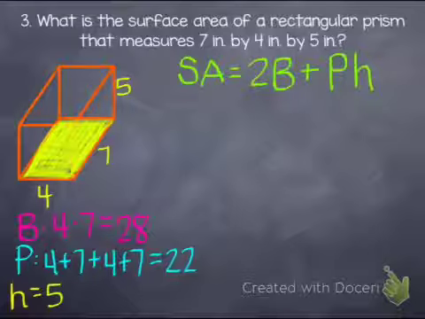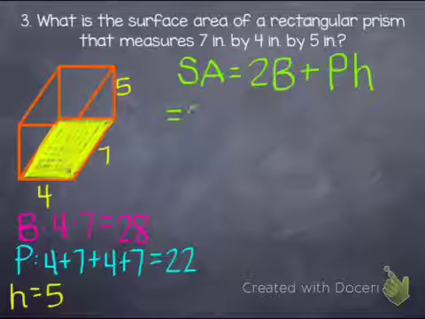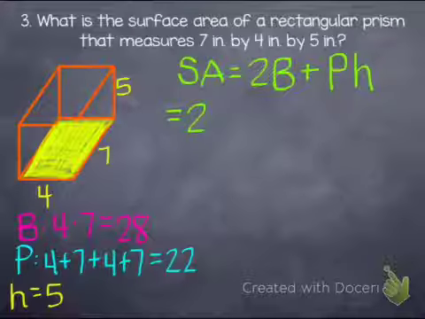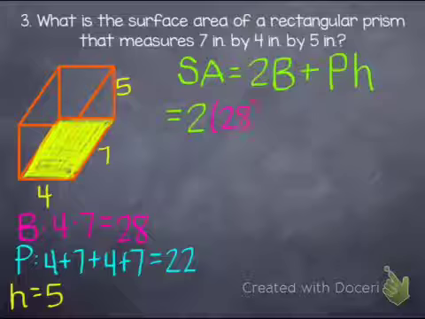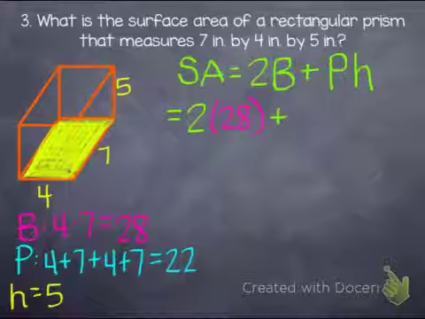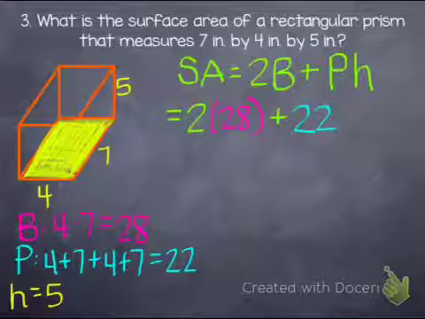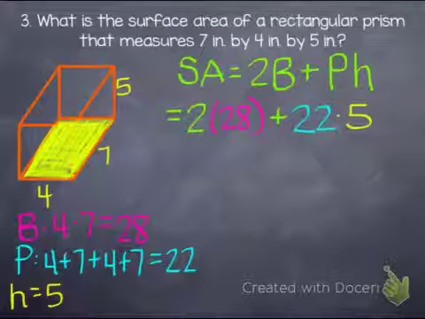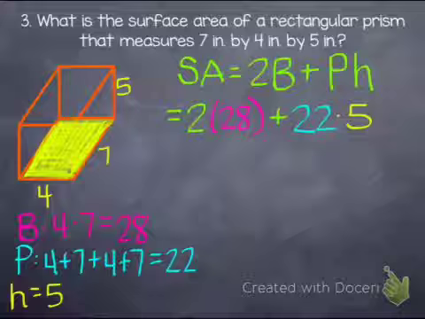So now we're going to plug and chug. So our surface area equals 2 times a base value, which was 28, plus our perimeter, which was 22, times the height of 5. And you start to simplify that down.